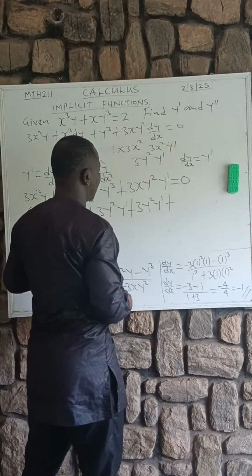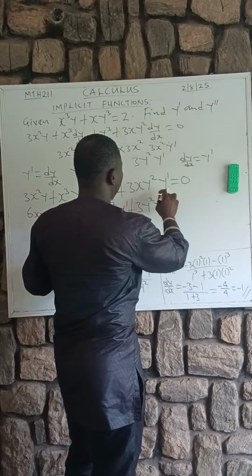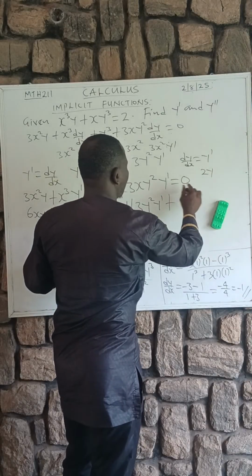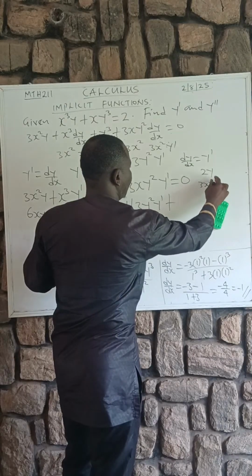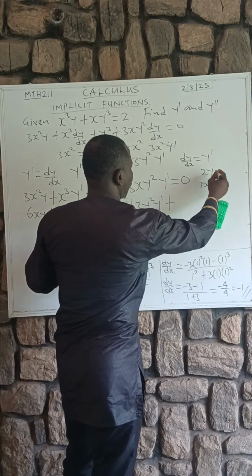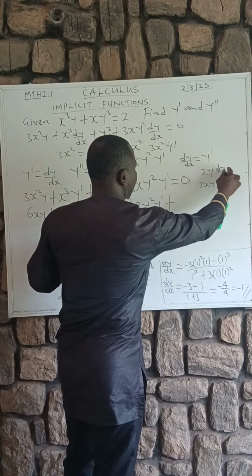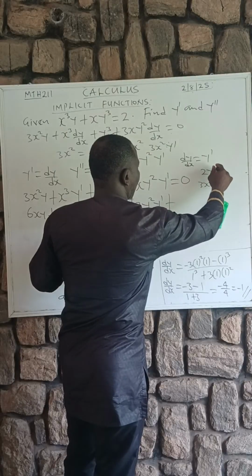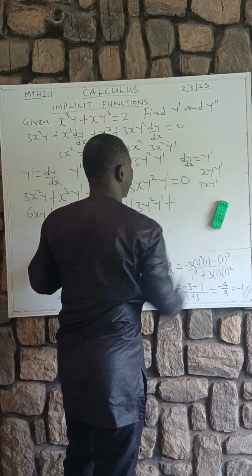If we differentiate y squared, we are going to have 2y. Then use it to multiply 3x y prime. But note that we are supposed to have 2y dy all over dx. Then instead of that, it will now be y prime, isn't it?